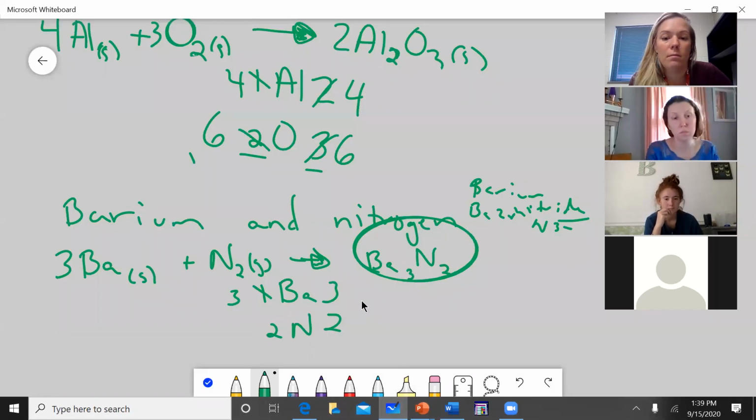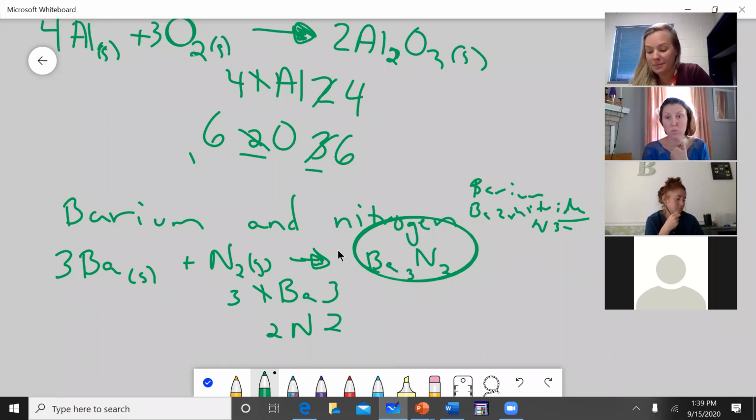Let's do it for barium nitride, since we're already working with that. So barium nitride, we have 3 bariums and 2 nitrogens. I don't have a periodic chart.